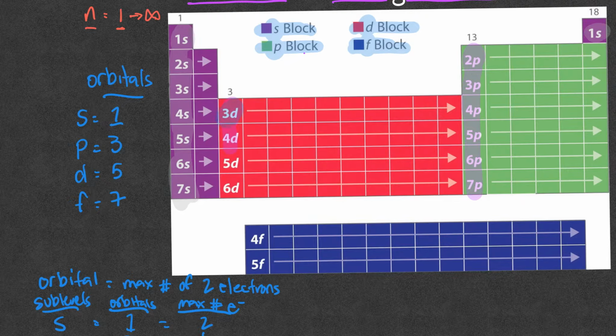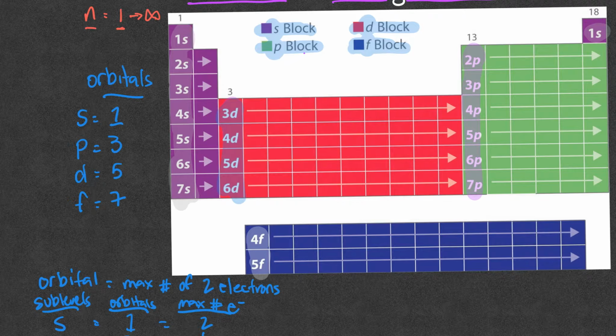Starting from the third energy level, the D sublevel is introduced. And then last, starting from the fourth energy level, the F sublevel is introduced. I'm mixing up my energy levels and sublevels, but hopefully you understand that.